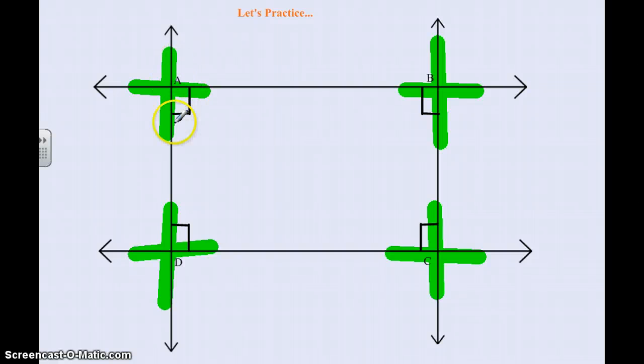We have line AD, so we can write that, line AD is perpendicular. How do you make a perpendicular sign? It's like an upside down T. So line AD is perpendicular to line AB. So we can write AB.